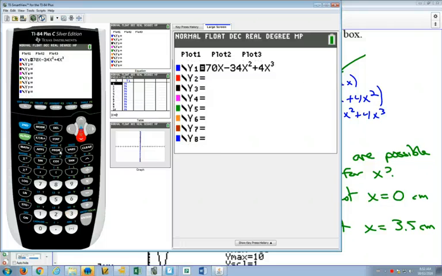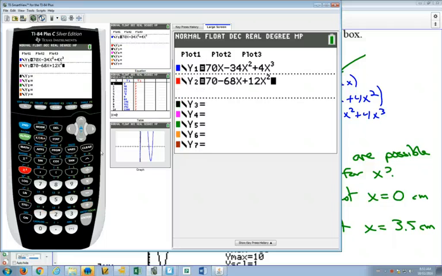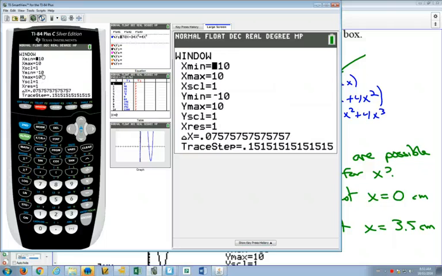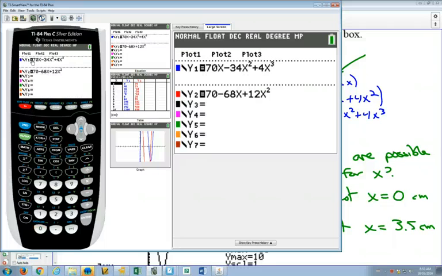And then the derivative in equation 2. I'm going to just set my window here to negative 30, and you know that you can go over to the equal sign and push enter to turn a graph on and off.